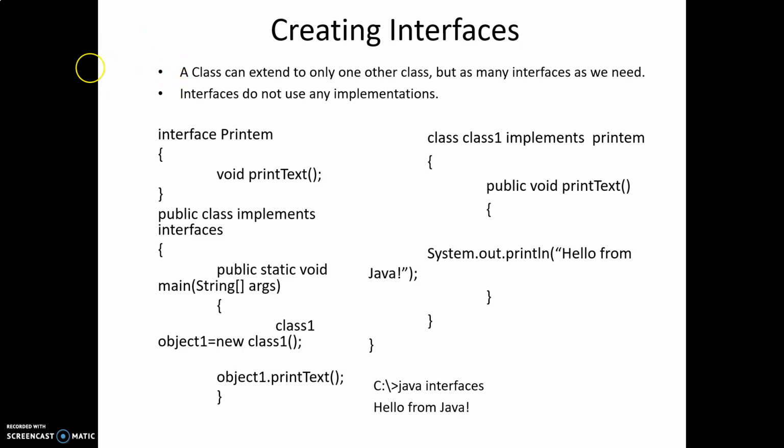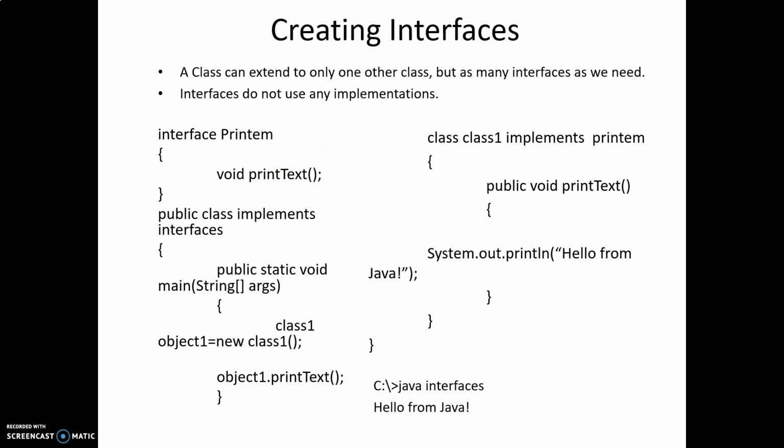Here we create an interface called PrintM, written using the keyword interface, and we have a function called printText inside this interface. In interfaces, all the methods we write are completely abstract in nature, they don't have any implementation at all, so they are very simple to write.